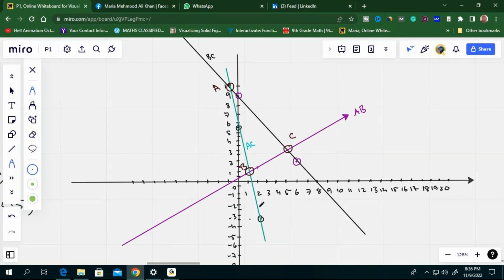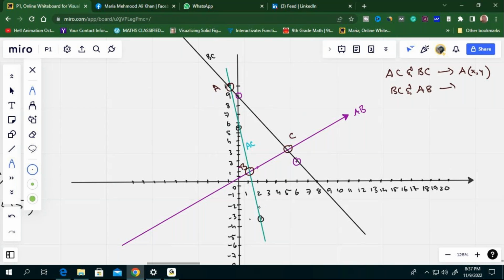So this is it. So you see the intersection, let me just write down here the equations. AC and BC. You need to solve these 2 equations and get the coordinates of your point A. And then you need to solve your BC and AB.